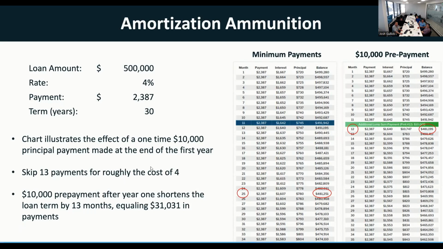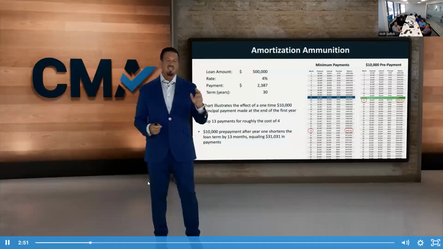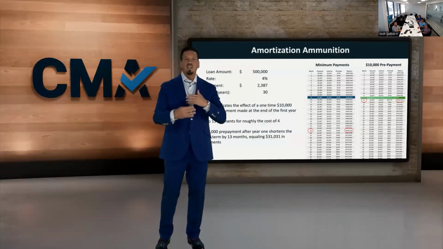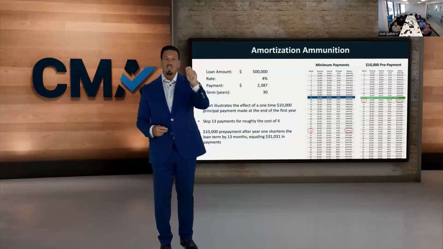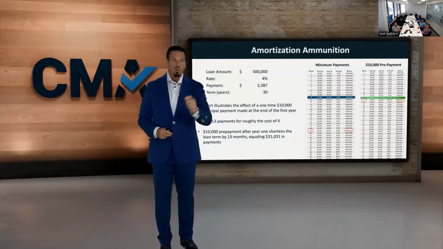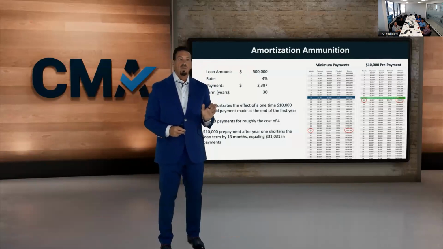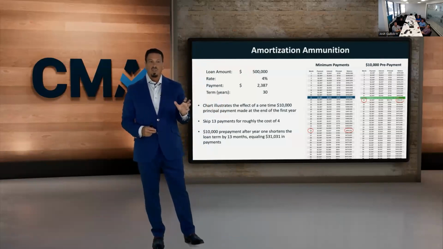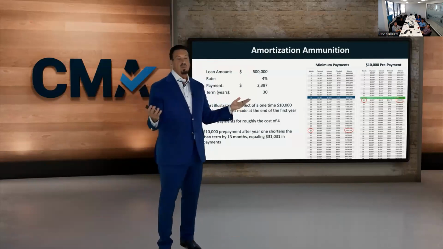All right, let me start that back. See, this is something that most customers don't understand. It's not the $10,000 itself. The reason it becomes magical is because it's got this compounding effect. Every single time they make a payment, they're going to keep more of their money. They're going to spend less in interest. So when you skip 13 payments, it really is at the cost of approximately 4.